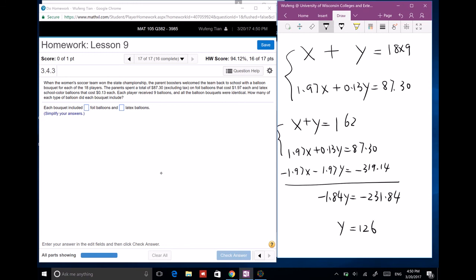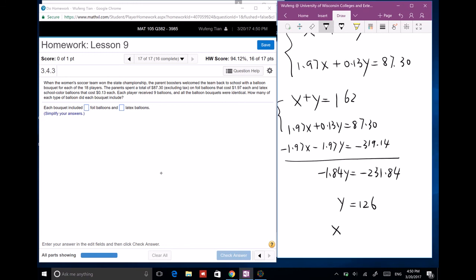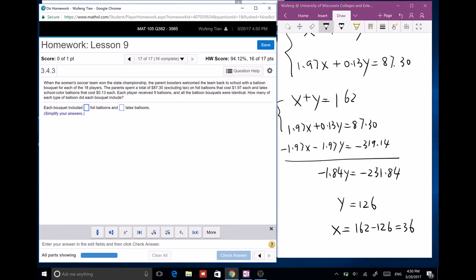So y equals 126 and x equals 162 minus 126, so x equals 36. X is the first one, 1.97.